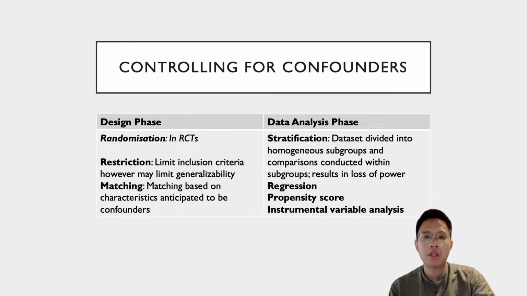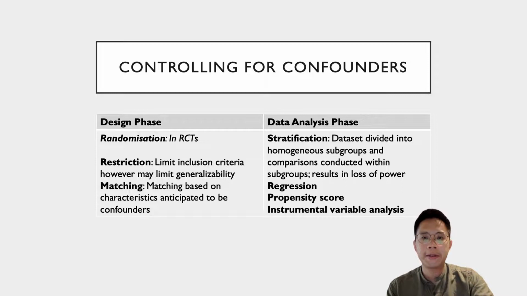Of course, the problem with stratification is that you may end up losing power because you are now dealing with smaller groups. We'll talk in some detail about regression analysis as well as propensity score analysis as data analysis phase methods of controlling for confounders.